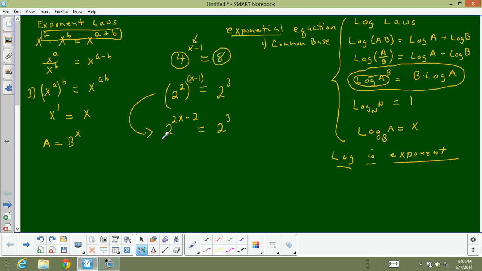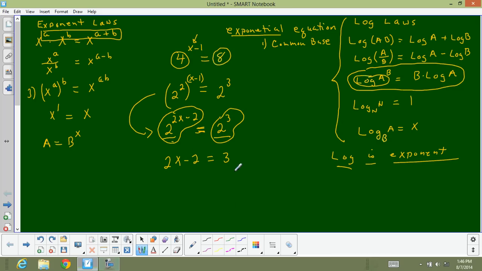And now the idea is you've got the same base number, right? The expressions as wholes are equal. Those are the same thing. They got an equal sign between them, right? So if the bases are the same and the expressions in totality are the same, then it must be that 2x minus 2 equals 3.